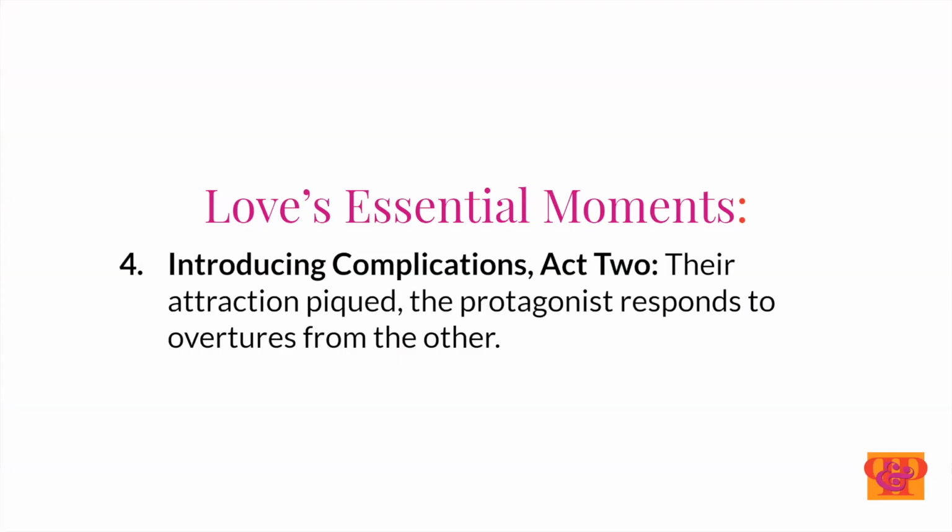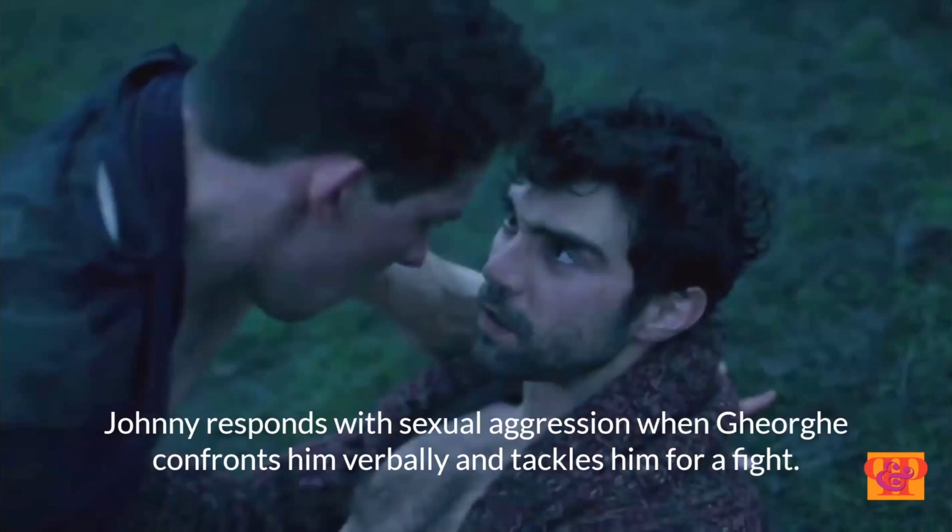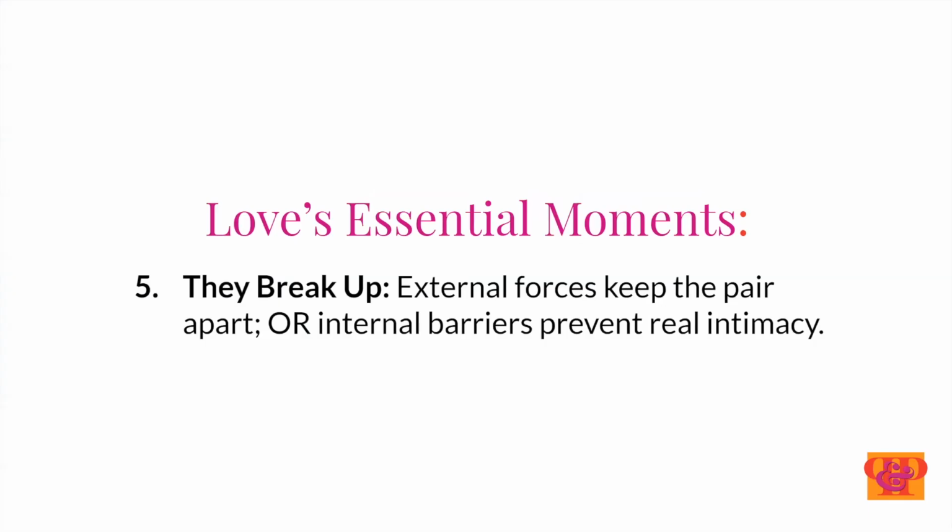As you move into Act 2, your job is to set up complications. Now, the protagonist's attraction is piqued, and they begin to respond to overtures from the other. In God's Own Country, Johnny responds with sexual aggression when Georgi confronts him verbally. He tackles him for a fight. Act 2 is all about raising the stakes from that initial complication.